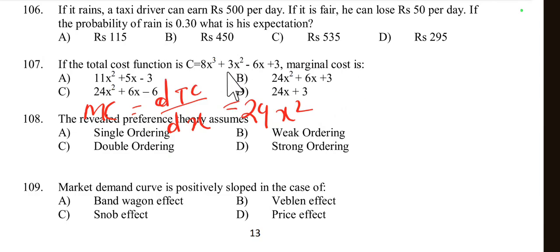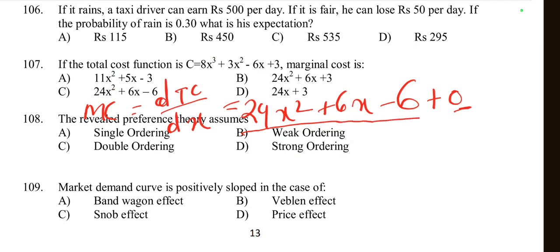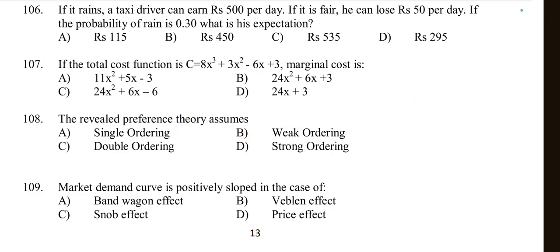Then the derivative of 6x is 6, and the derivative of the constant is 0. So the right option is 24x square plus 6x minus 6. C is the right option.